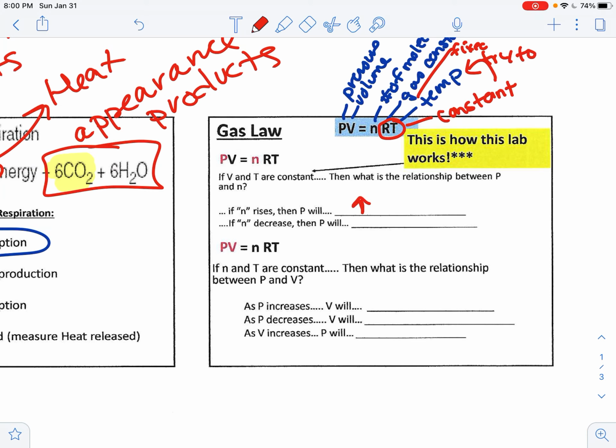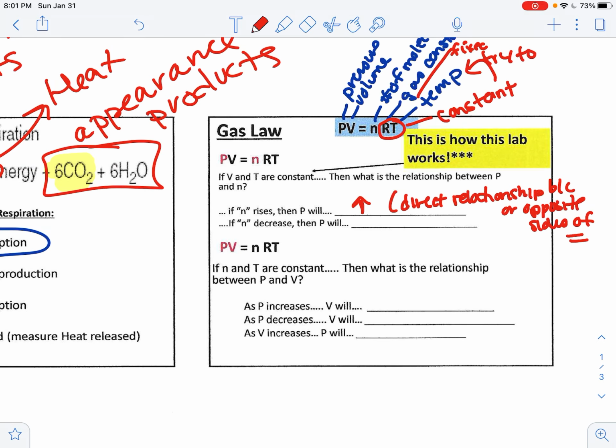If you think about that logically, like I just explained, or just remember they're on opposite sides of the equation, so they're going to have a direct relationship. That's going to be true of any two things I pick that are on opposite sides of the equal sign: if one increases, the other increases also, assuming the other things are constant.